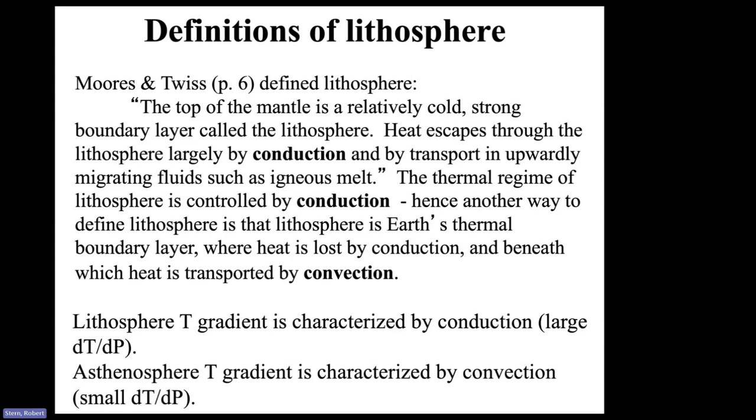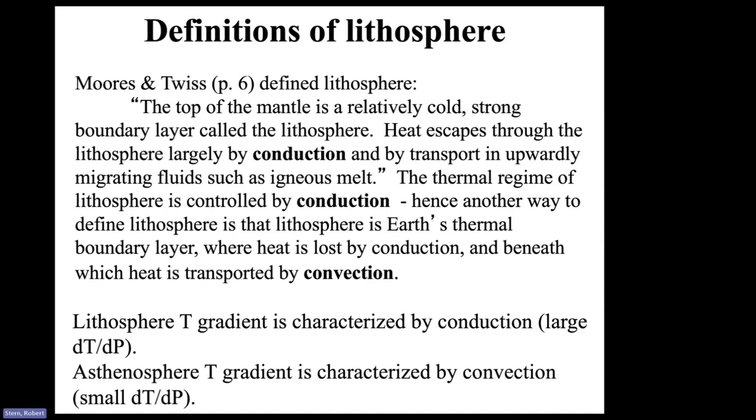The top of the mantle is a relatively cold and strong boundary layer, which we call lithosphere. Because it's strong, it can't convect, and so heat escapes through the lithosphere largely by conduction, and also occasionally by upward transport of migrating melts and volcanoes.